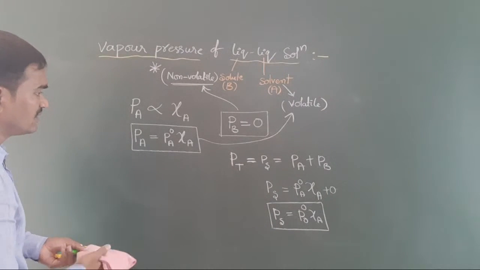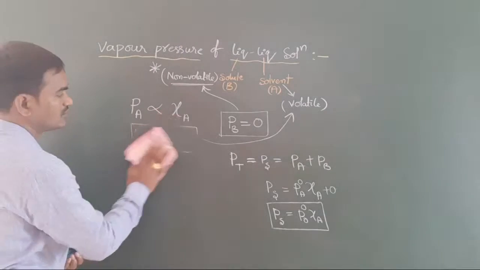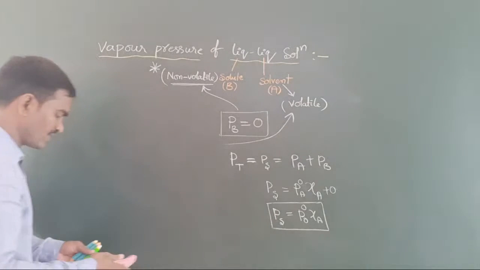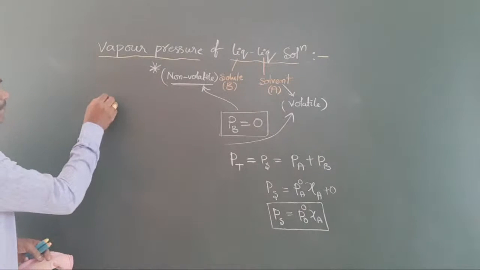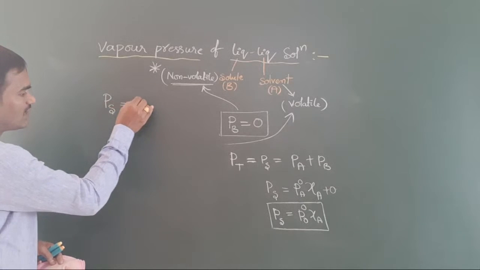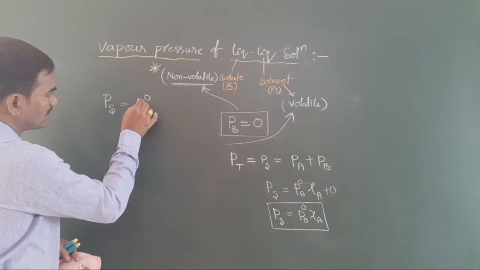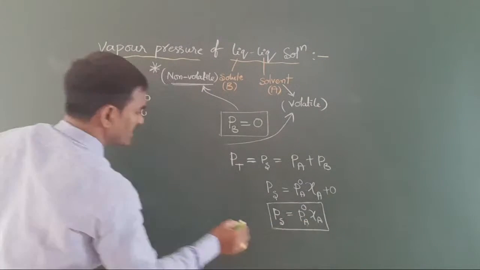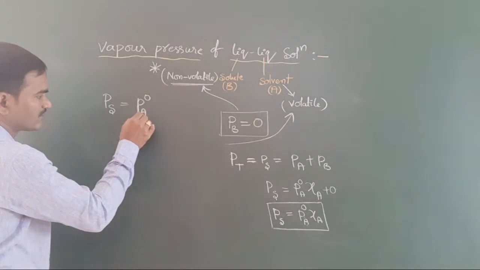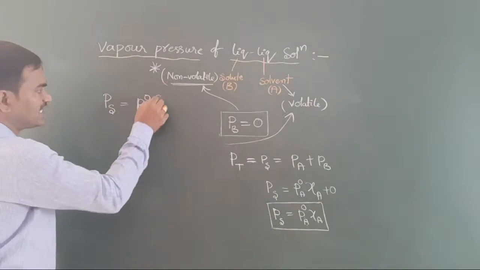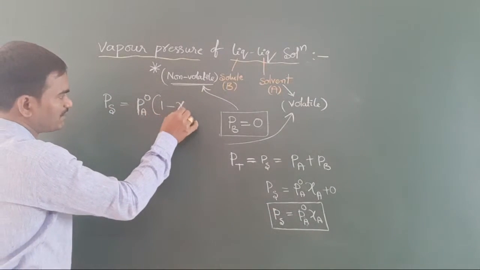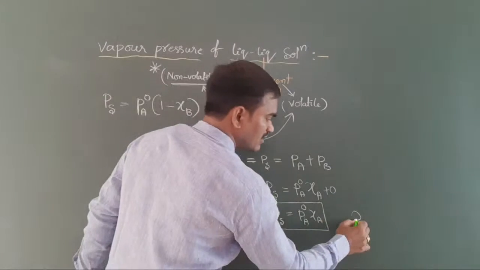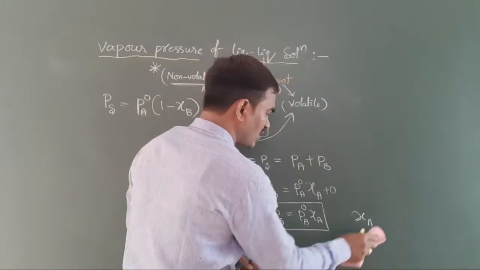After that, now go to the next step. Here, P_S is equal to P naught A, and in place of chi A I am writing 1 minus chi B. You all know very well that chi A plus chi B is equal to 1.